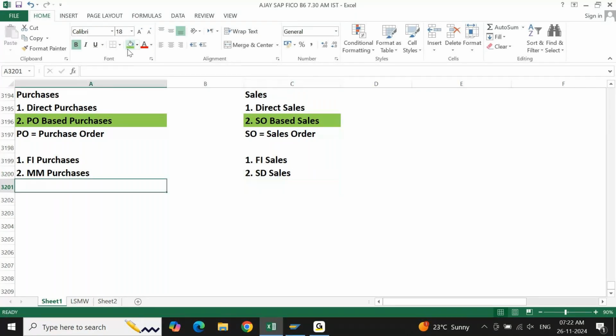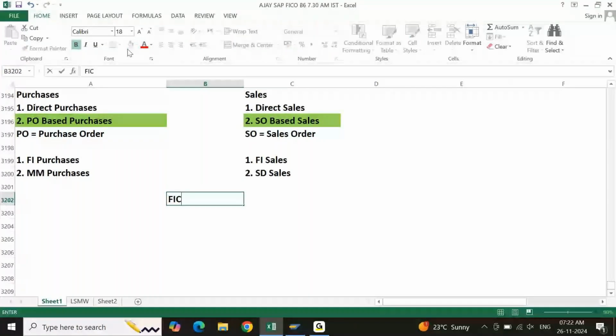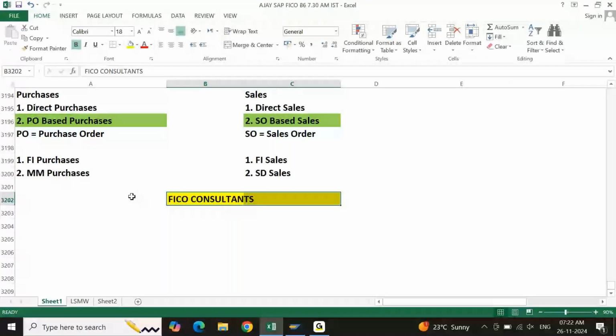Now, you are which module consultant? FICO consultant. We are all FICO consultants. When you're talking about a FICO consultant, is FICO one module or two modules? Two modules.